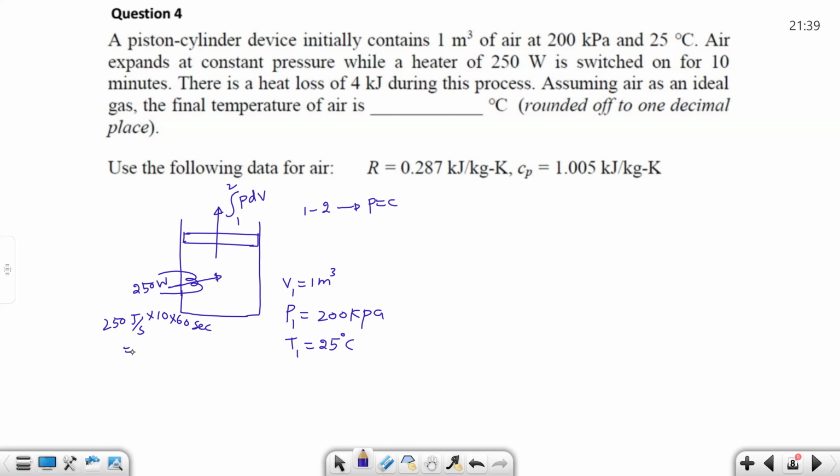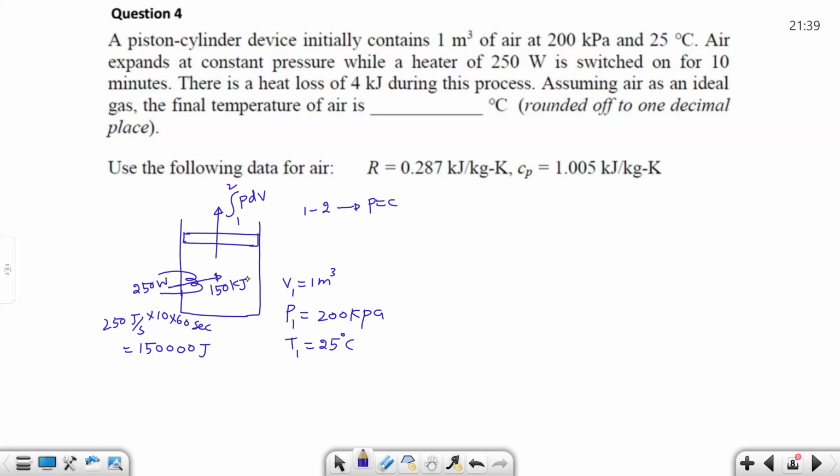We will put it in joule itself. 250 into 10 into 60, that is 150,000 joule. So the energy given in through the heater is 150 kilojoule.